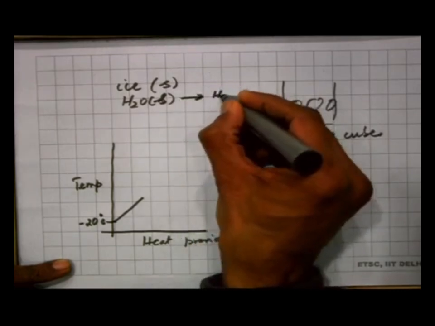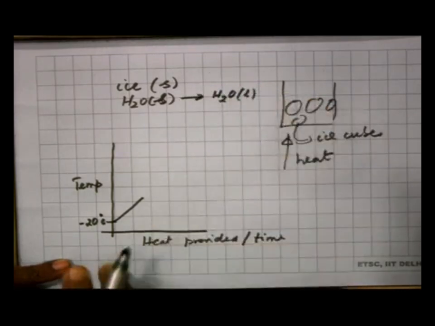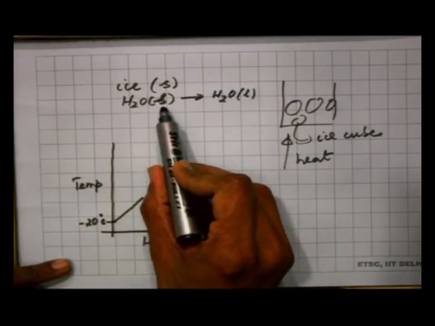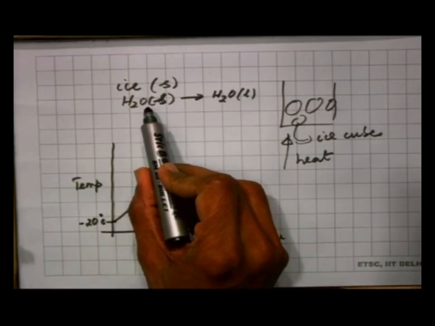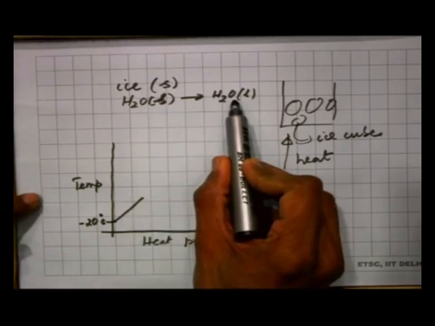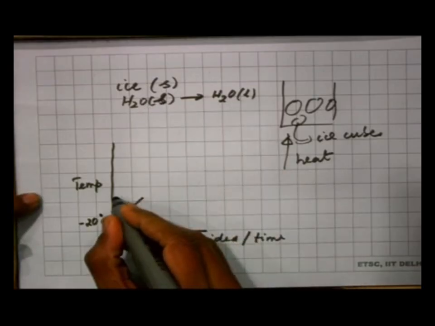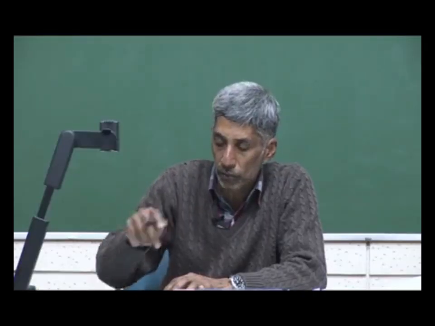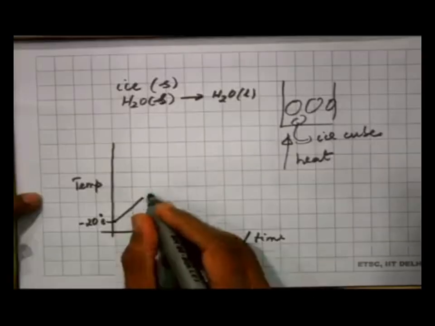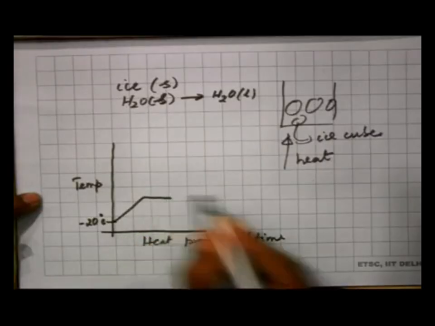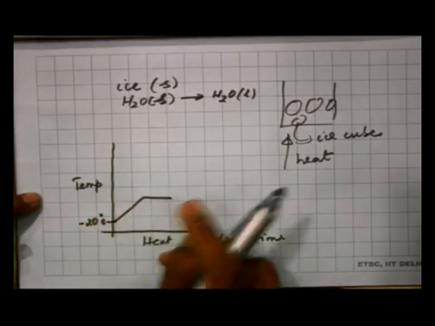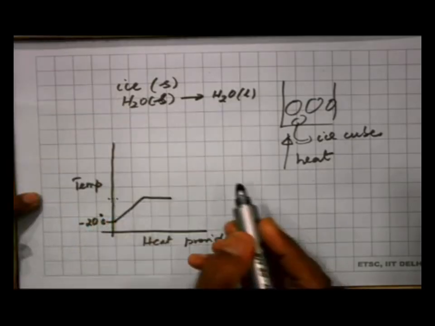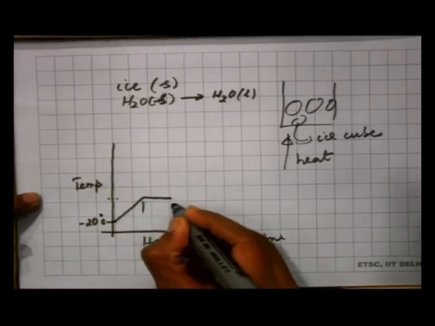So, the temperature continues to rise as heat is provided up to the point where solid is purely in existence, and when solid changes to liquid, then the temperature becomes steady, and this is the latent heat that we know of. At this point, you need to provide more heat to convert all the solid into liquid. Until that happens, the temperature is constant. So, this is the latent heat.